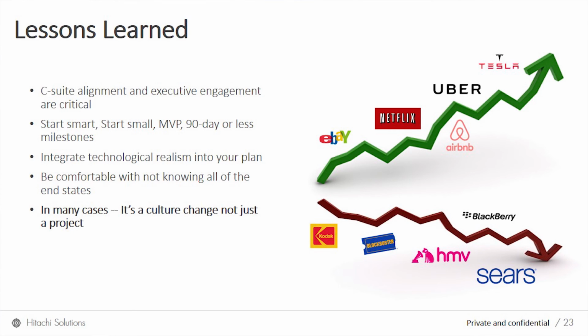Start small, do a POC if that's something your organization can support. 90-day MVP approach, very wise. Be realistic in your technology alignment goals and your technology consumption goals. Be comfortable with not knowing all the end states, because when you embark down that road you'll find things come up pretty quickly.